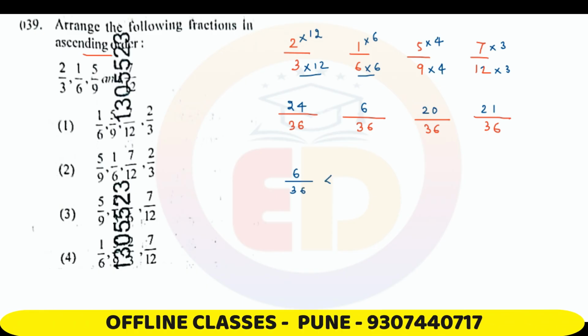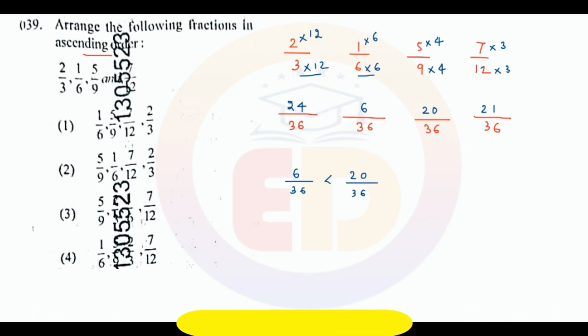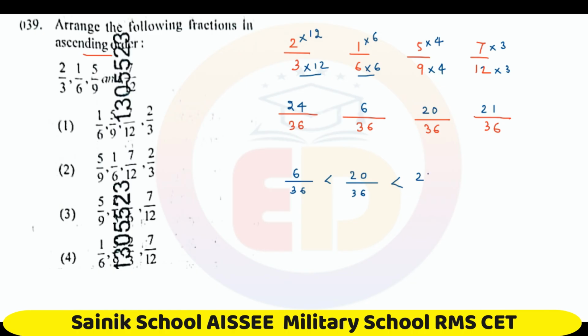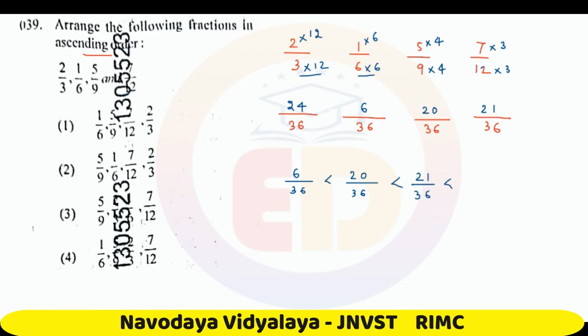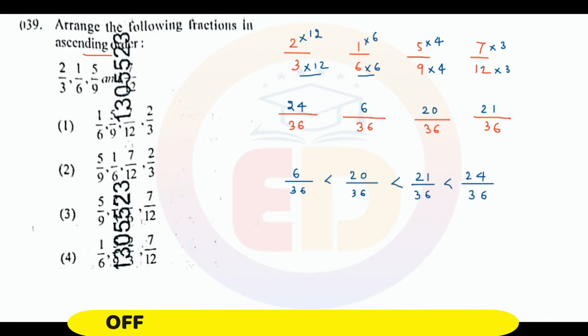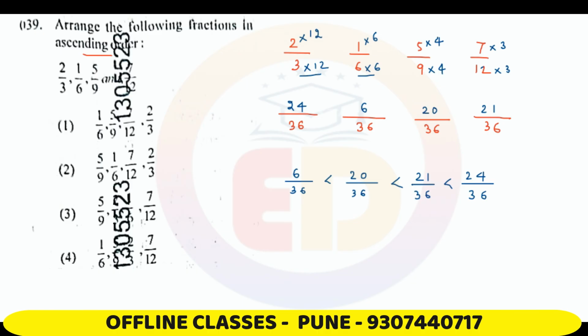Then comes 20 upon 36. Then 21 upon 36. And finally the greatest among all is 24 upon 36. Now let us check the actual value. 6 upon 36 actually is 1 by 6.